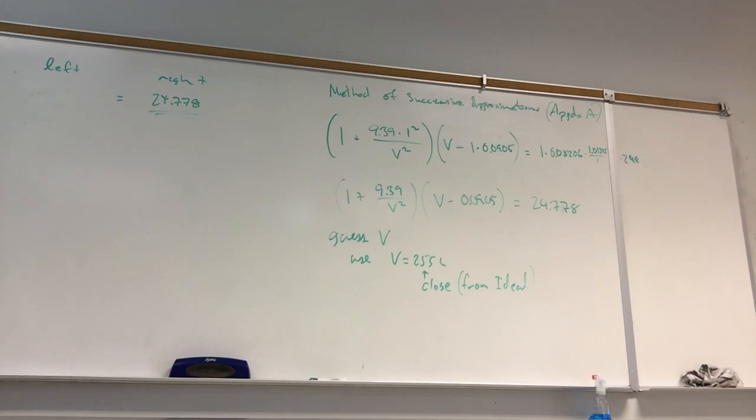V minus 0.0905. Wow, maybe I made a mistake. Did I make a mistake in my equation?